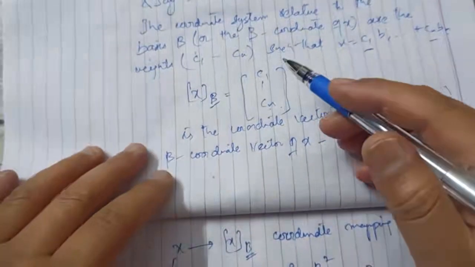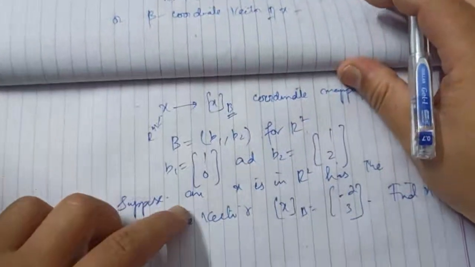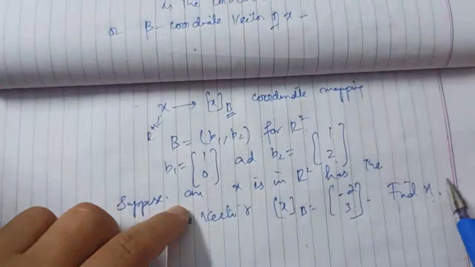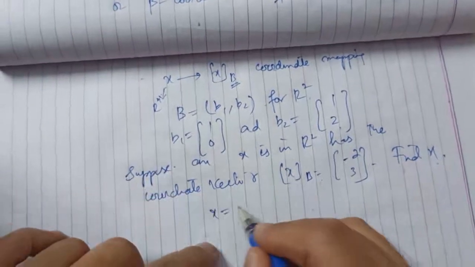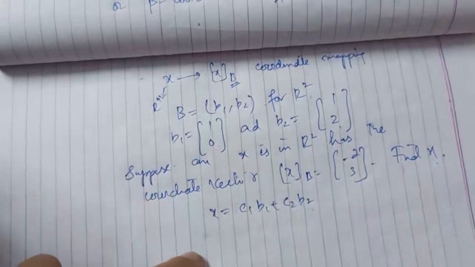So if you look here, c1 is -2 and c2 is equal to 3. Okay, so what you have to do is find x. Remember that from that equation, x is nothing but c1 times b1 plus c2 times b2, right?